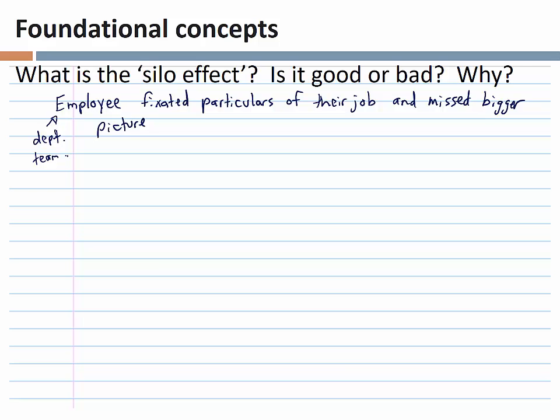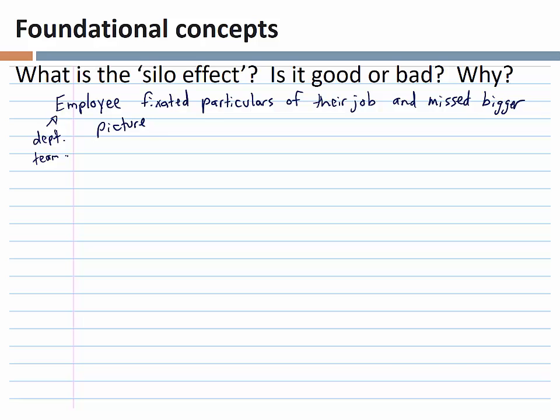See, if my job is to make widgets, then clearly I should be really good at making widgets and try and get better at making widgets all the time. But if the only thing my brain ever does is thinking about making widgets, I'm really not making a maximum contribution to my organization.